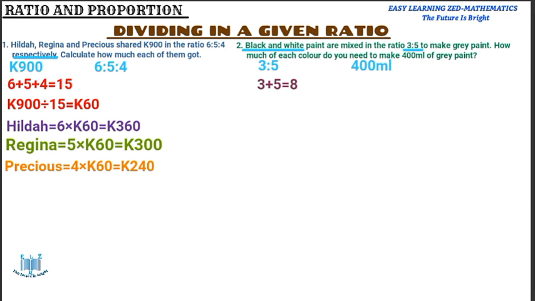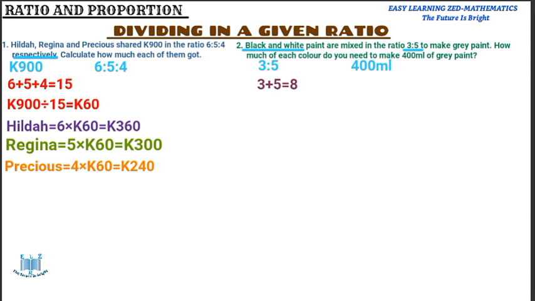Even if they haven't written respectively, you need to know that black is mentioned first. That means it is going to get the first number in the ratio, and white will get the last number in the ratio. Because black is mentioned first, it will get 3, and white will get 5, because it's mentioned second, and the second number in the ratio is 5.